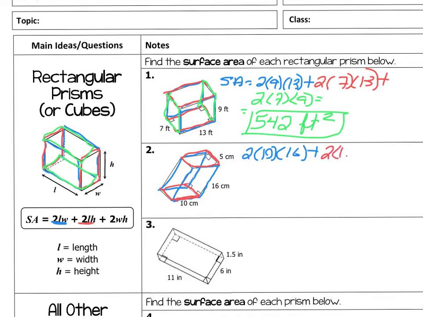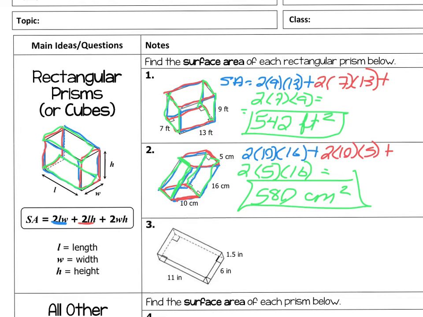So two 10 by 5s. And then the next one, we'll do these edges here. So that's 5 here and 16 here. So there's two of them. So two 5 by 16s. Pop them in your calculator and you end up with 580 centimeters squared.